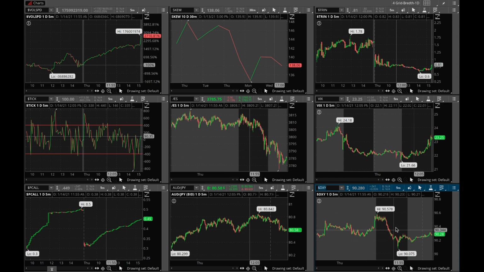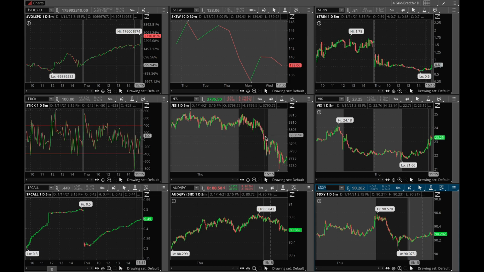Then DXY started selling off, and as it did, you can see ES, the S&P 500, also started falling off. Doctors always use instrumentation to understand how the patient is doing, their blood level, glucose level, and whatnot. Similarly, we use these market internals to see how the market is doing on a given day.